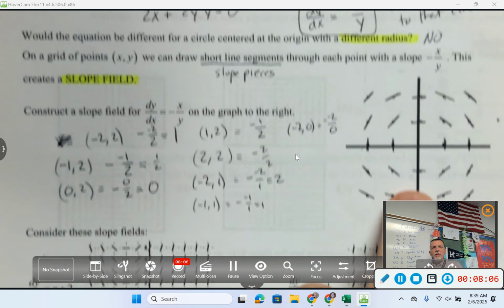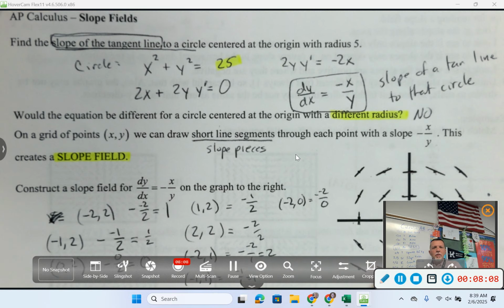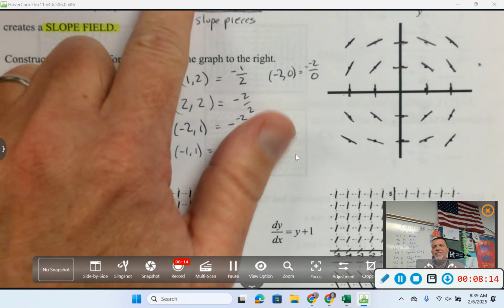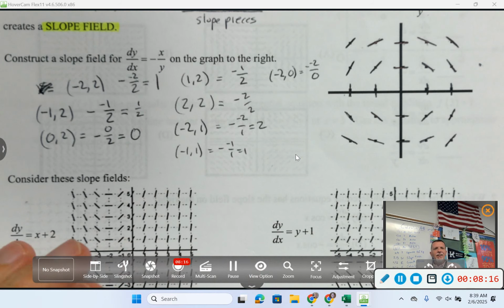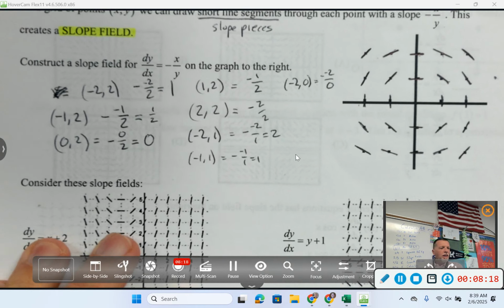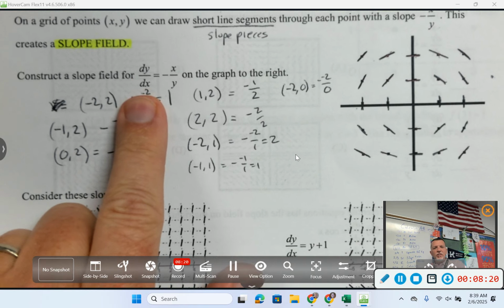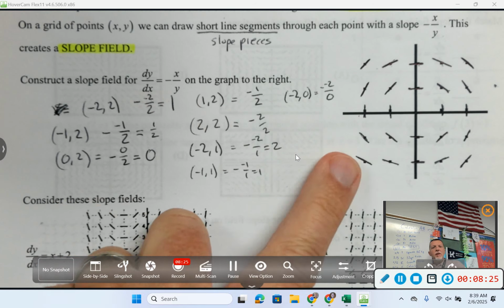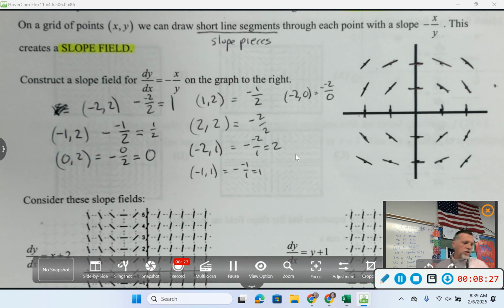Let's back up a second. Where did this slope come from? What equation did we start with, or what shape did we start with? A circle. What does that kind of look like? A circle. So even if we only started with dy/dx, this gives us a picture of the solution.